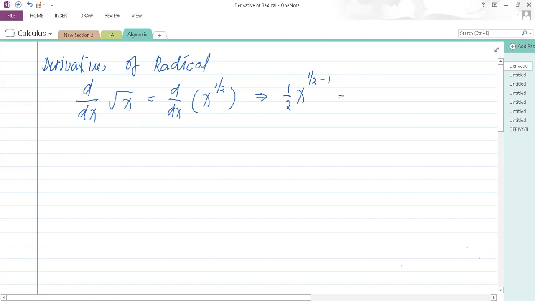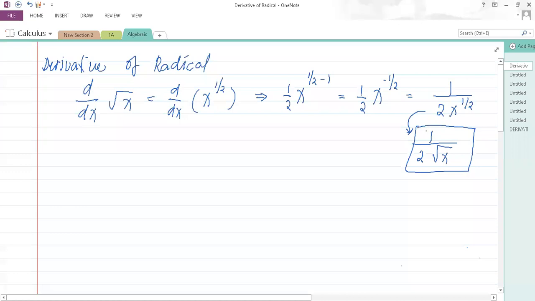So our answer is 1/2 x raised to 1/2 minus 1, that is negative 1/2, or 1 over 2x raised to 1/2, which we can convert into radical form: 1 over 2 times the square root of x. This is now our answer.